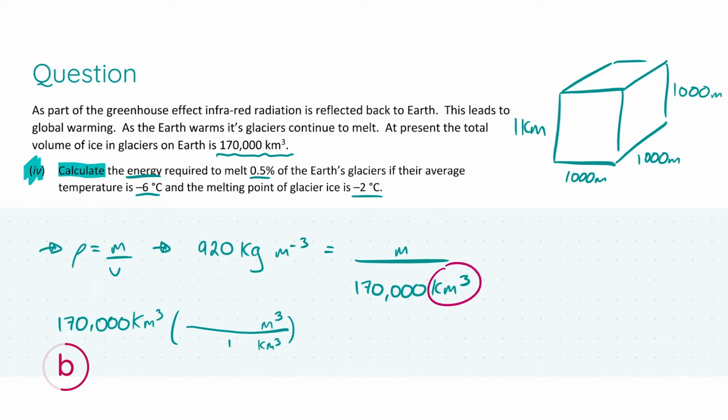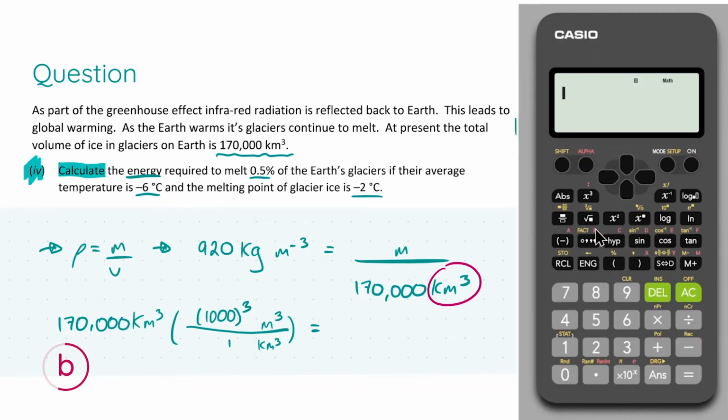The cube is 1 kilometer cubed, but if you represent that in meters, it's 1,000 cubed meters cubed, because there's 1,000 for the length times 1,000 for the width times 1,000 for the height. So that's the number we're going to multiply by: 1,000 cubed, and that's going to get us our meters cubed value.